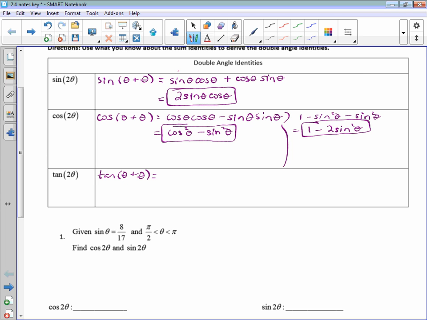How do you think I might find the third one? Right, yeah, instead of sine squared theta, what could I put? Okay, make sure you're careful with your negatives. So what do we actually get when we simplify that?